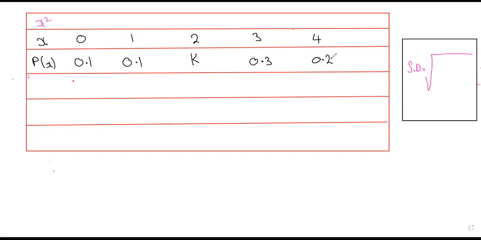The most important property in case of probability, which I would want you guys to know, is that the sum of all the probabilities is what? 1. Very good. Okay, so can you guys find the value of K now? We know sum of probabilities is 1, so what would be K? K would be 0.3.